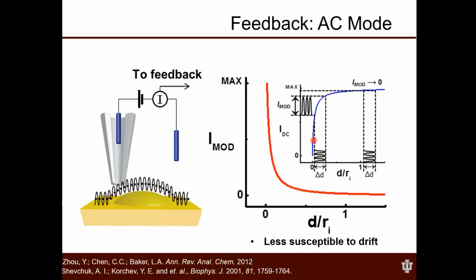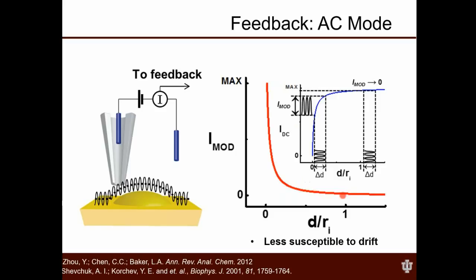If you're far away from a surface, that oscillation generates no change in the modulated peak-to-peak current that you measure. If you get close to the surface, though, small changes in this displacement lead to large changes in the modulated peak current. So if we measure the magnitude of the modulated peak current, you can see that that current goes up. And we can use this modulated peak-to-peak value as the value that controls our feedback loop.